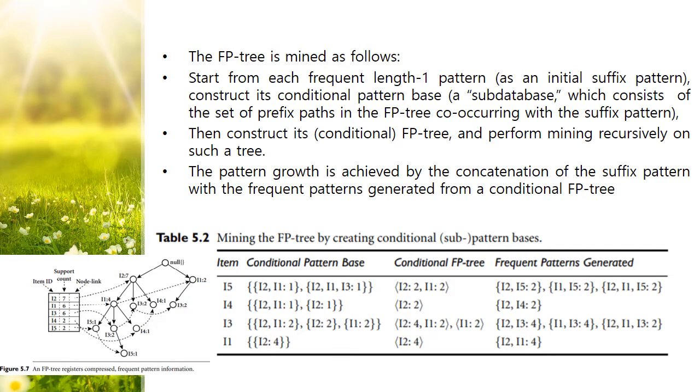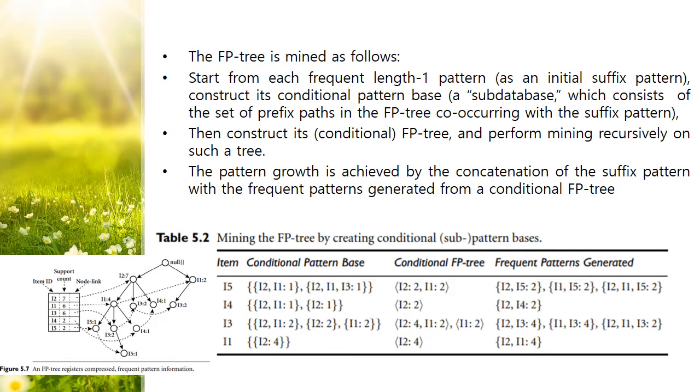Then we will generate a conditional FP tree. By seeing the conditional pattern base, in these two patterns we have I2 coming 2 times, so the support count is 2 for I5.